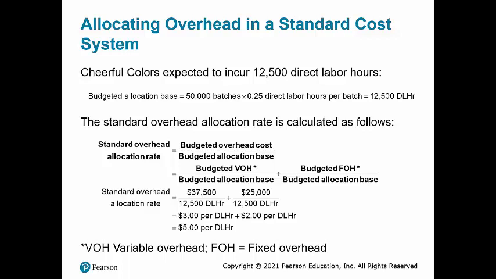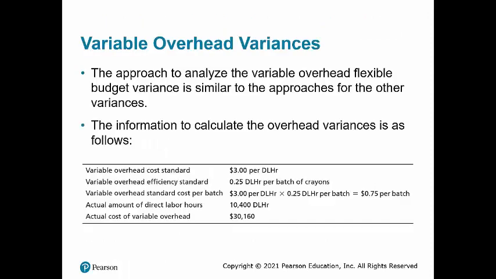The standard overhead allocation rate is $5 per direct labor hour as calculated on this slide. Cheerful Colors used a $3 per direct labor hour rate to allocate variable overhead to batches and $2 per direct labor hour rate to allocate the fixed overhead to batches in 2025.